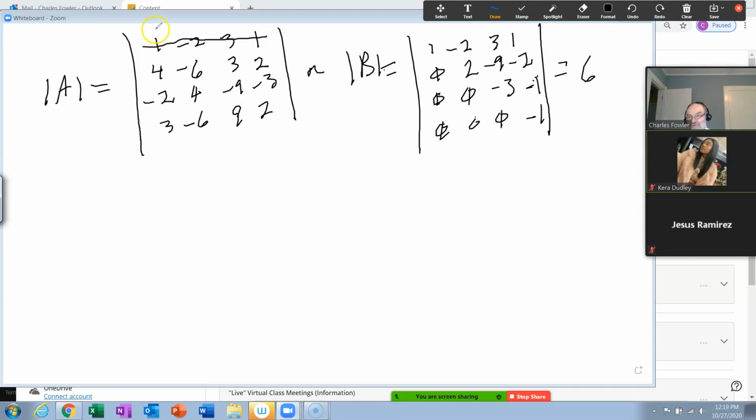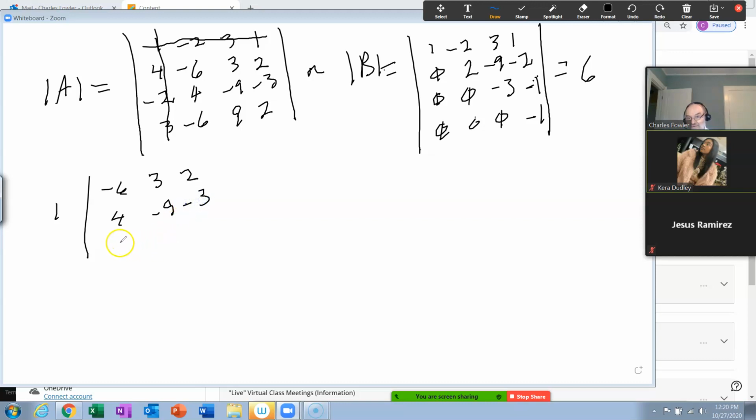So let's do first row, first column. The sign of this position is a 1, so that's just going to be a 1 times the determinant of the 3 by 3 that's left. Well, that's not going to be that hard to do because it's negative 6, 3, 2; 4, negative 9, negative 3; negative 6, 9, 2.